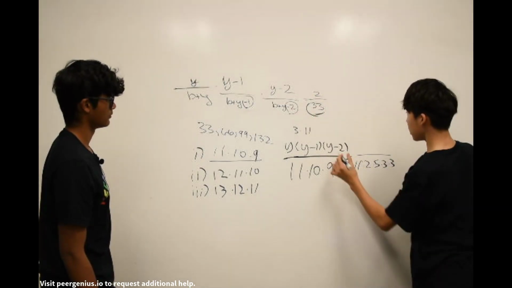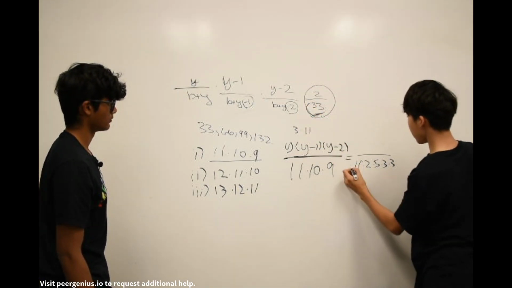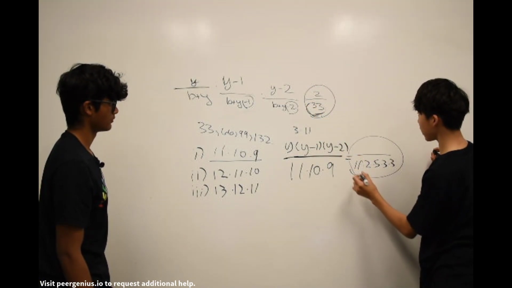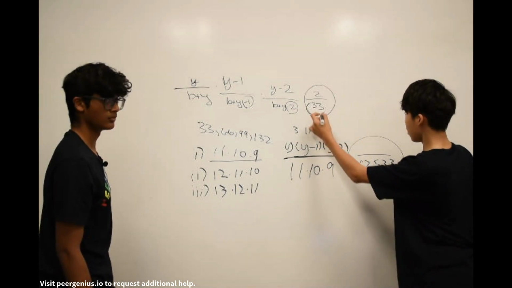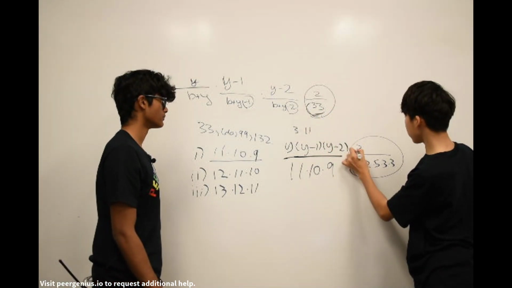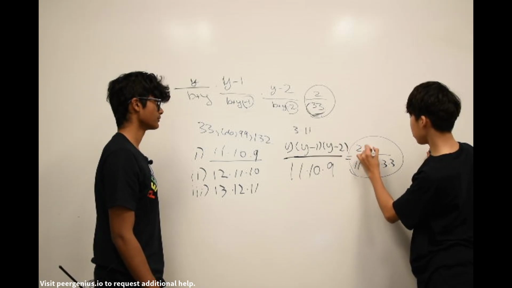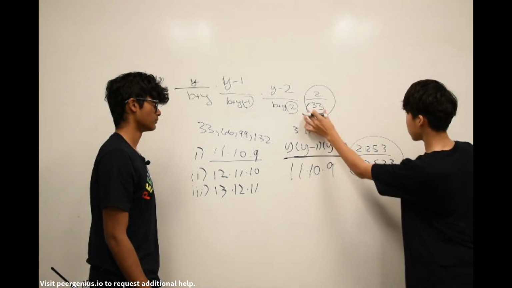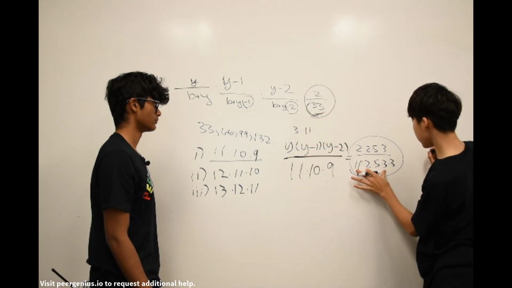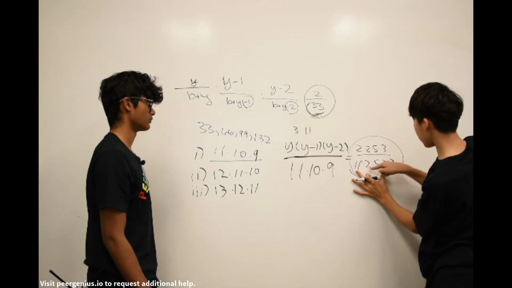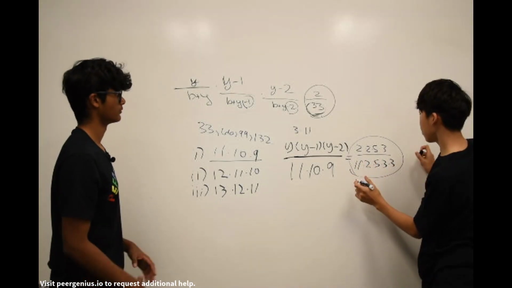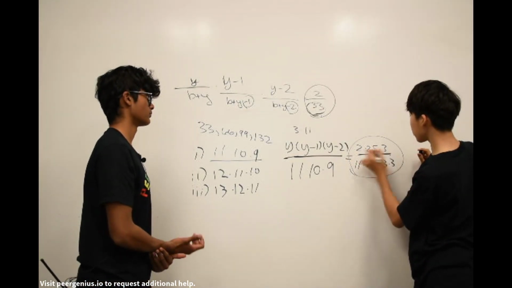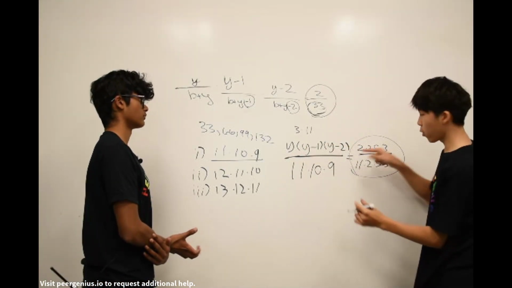Since this fraction and this fraction are the same thing, just a reduced form, we need to multiply 2 times 5 times 3 on the numerator, because this is already there, and these 3 are multiplied.